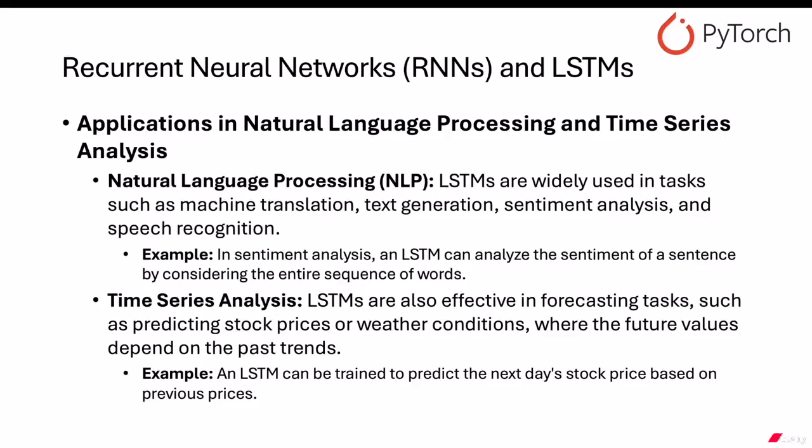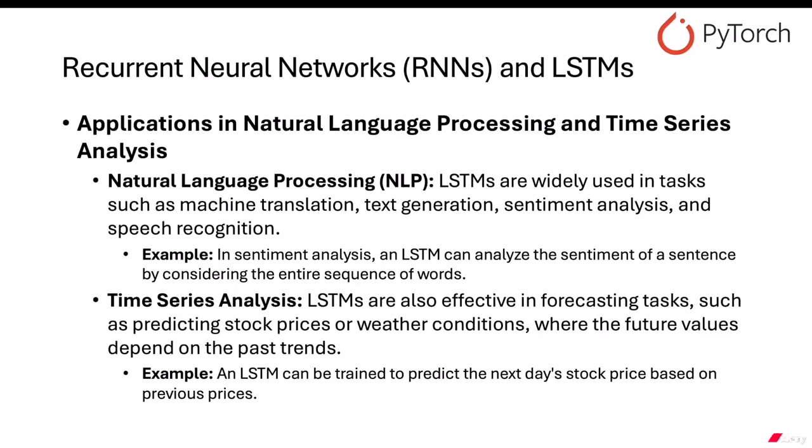Applications in natural language processing and time series analysis. Natural language processing (NLP): LSTMs are widely used in tasks such as machine translation, text generation, sentiment analysis, and speech recognition. An example is in sentiment analysis, where an LSTM can analyze the sentiment of a sentence by considering the entire sequence of words.